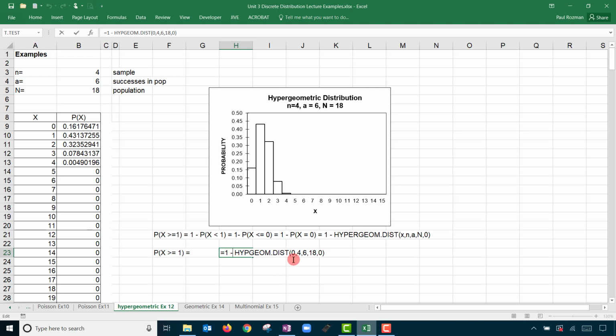Plugged in the numbers here, it's 0 out of 4, where 6 out of 18 are bad, and I said not cumulative. And we got the answer of 0.8382. So that's pretty fun, I guess.